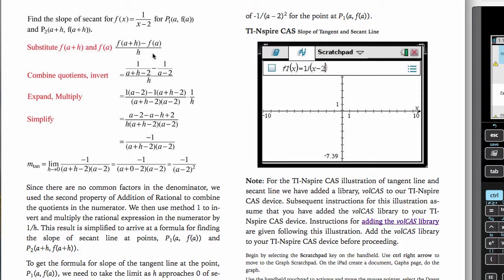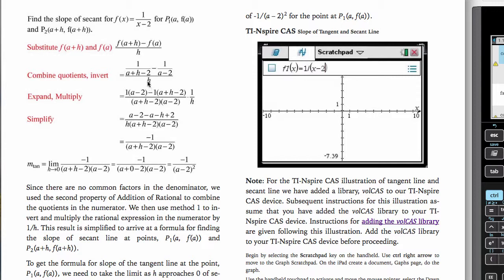This is where we get problems in an algebra class where they just show us the problem written like this, but it actually comes from this definition of a secant line, and then the final thing is we come up with a tangent line. So if we're dividing by h, we can switch this into invert and multiply times 1 over h in here.